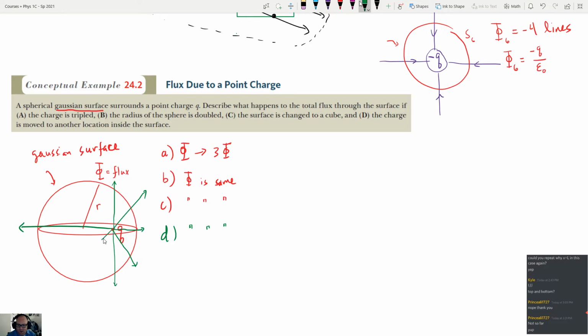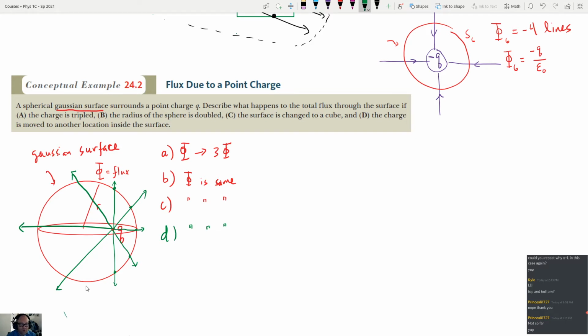When I was first learning this stuff, I certainly thought this should change something, because after all, the flux seems more intense over here. But in reality, what's different is just that the electric field is stronger on this side. That doesn't change the flux at all, because there are still 8 lines that go out, and regardless of where I put the charge, that's not going to change.